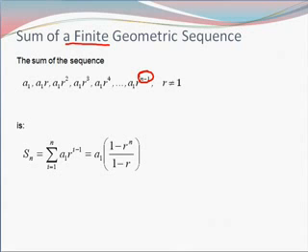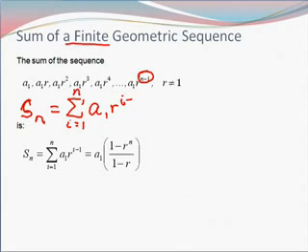So the sum of the sequence is going to look like, S sub n is going to equal the sum from i equals 1 to n of a1 r to the i minus 1.